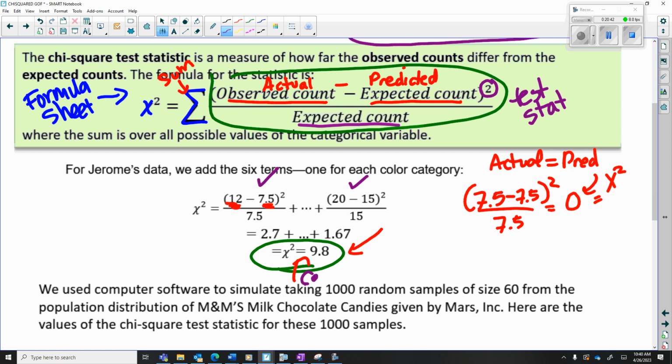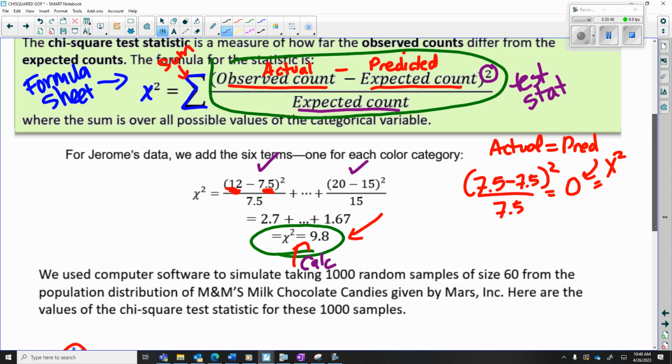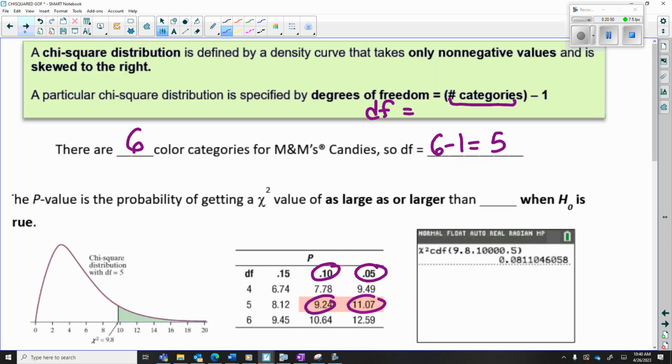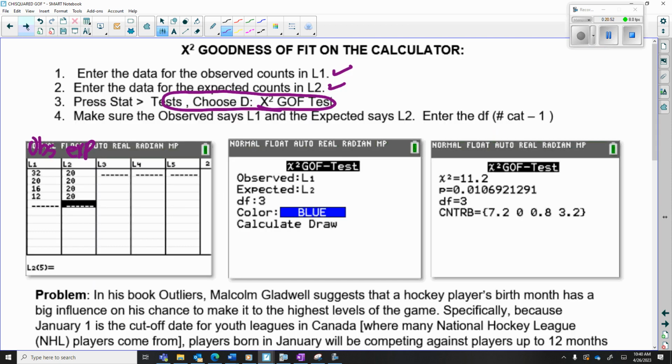And then we could go to the calculator to get our test statistic value, which is 9.8. And we could go to the calculator to get our p-value. And then we make our decision and we make our conclusion. So it's really following along the same way as everything we've been doing so far. It's just a different way of looking at it because there's more than two proportions.